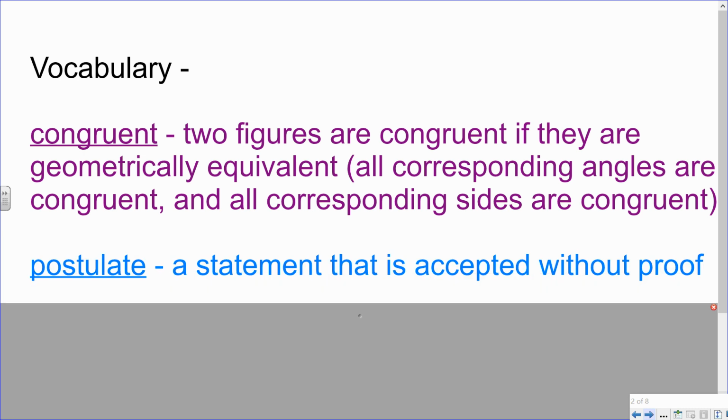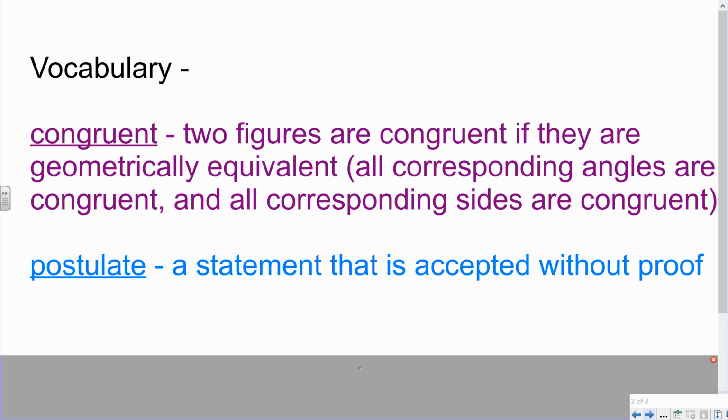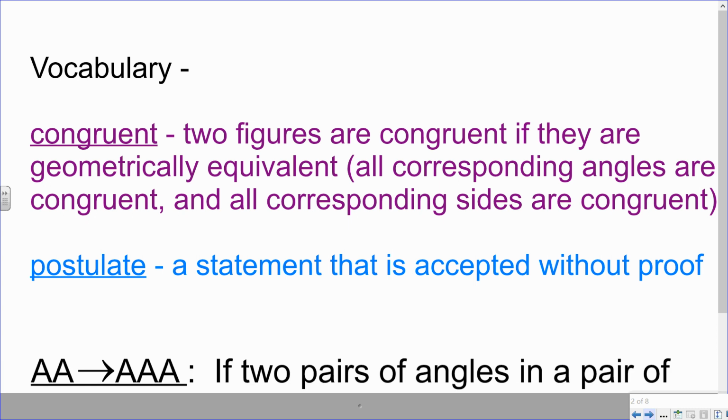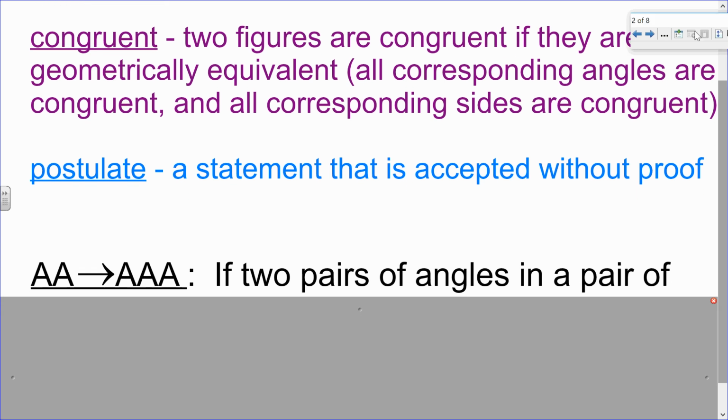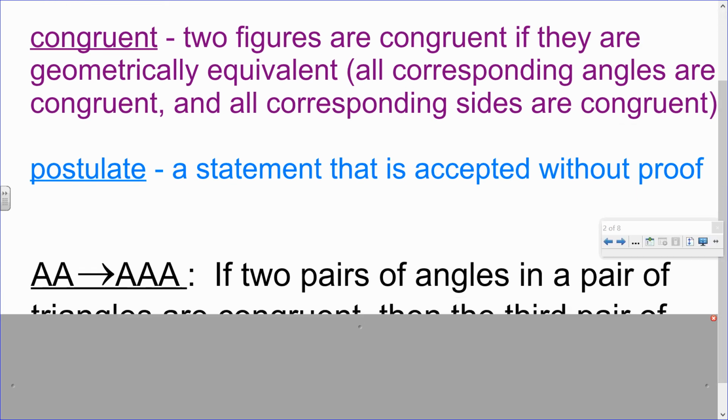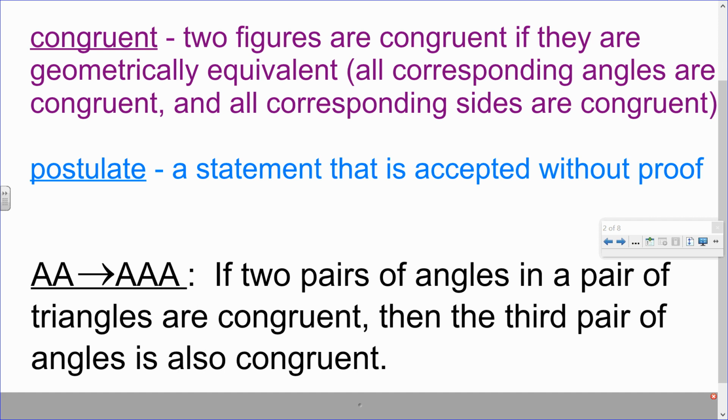We used several postulates, and postulates are simply things that we accept without proof. One of the things that we used quite a bit last year, and we've already talked about on some of our problems this year, was AA implies AAA. That does not mean if you have 2 congruent angles in a triangle, then the third angle is congruent. These are pairs of angles.